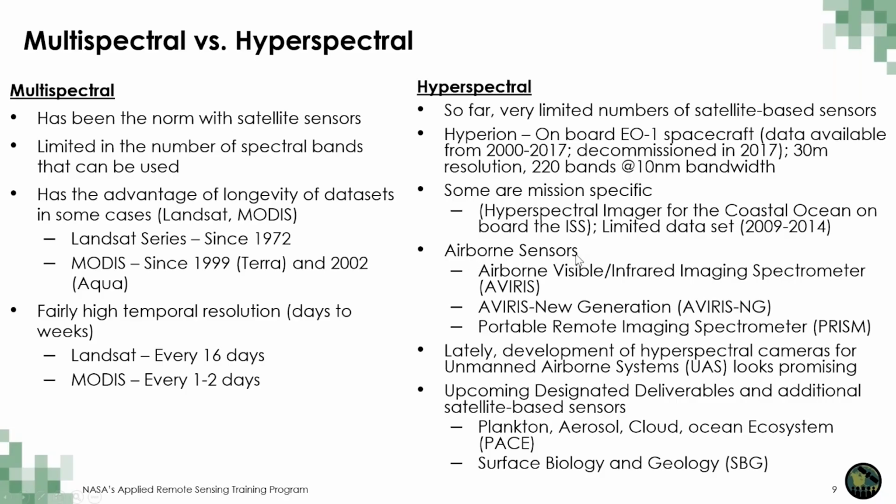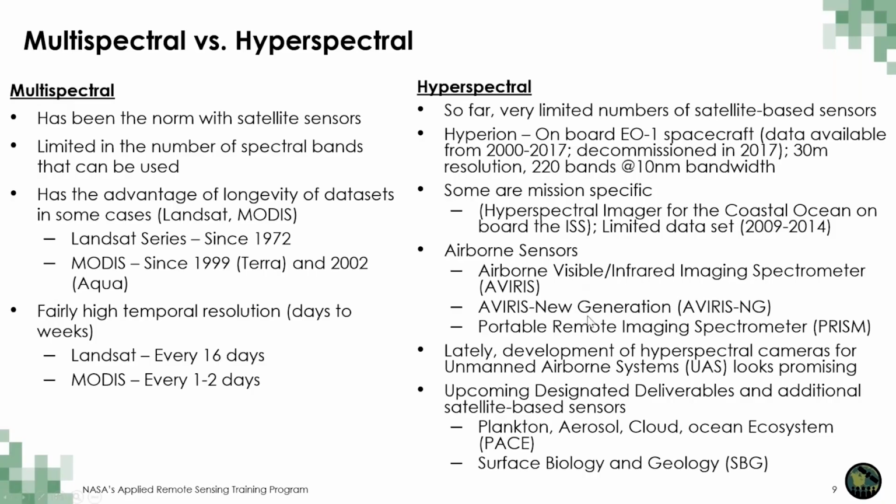Now, there are hyperspectral sensors that are airborne, and we also mentioned AVIRIS, the Airborne Visible Infrared Imaging Spectrometer. There's a new version of AVIRIS called the AVIRIS New Generation, or AVIRIS NG, and also the PRISM spectrometer, the Portable Remote Imaging Spectrometer, that has also been flown in some missions, particularly some missions related to the coastal ecosystems.